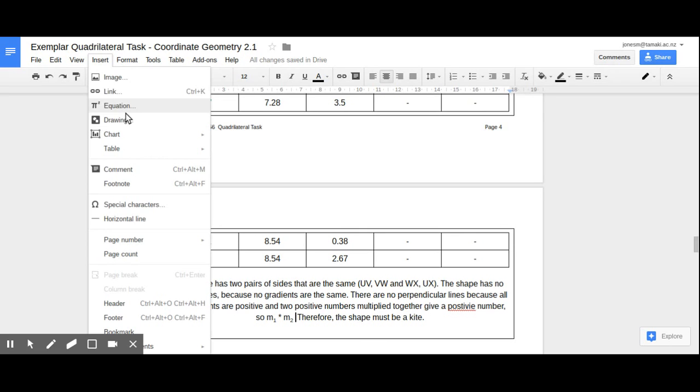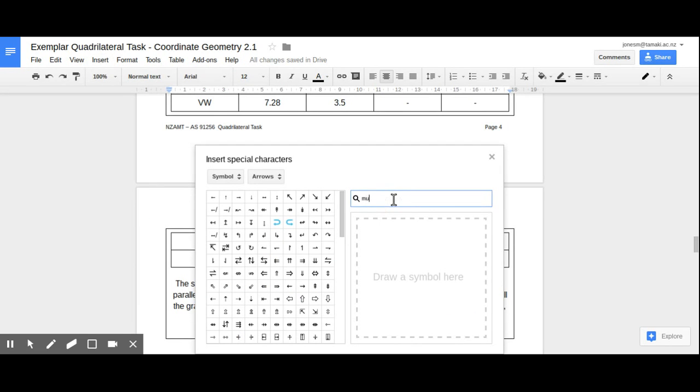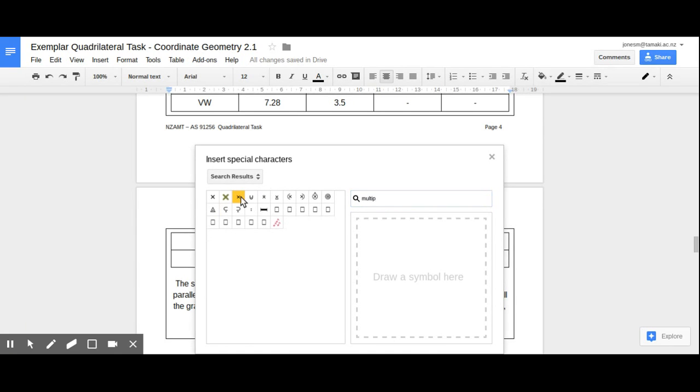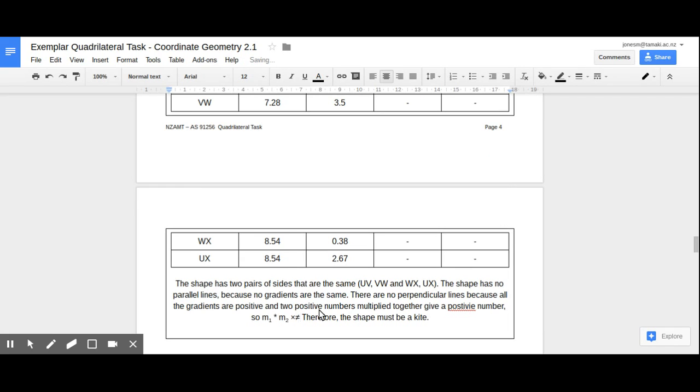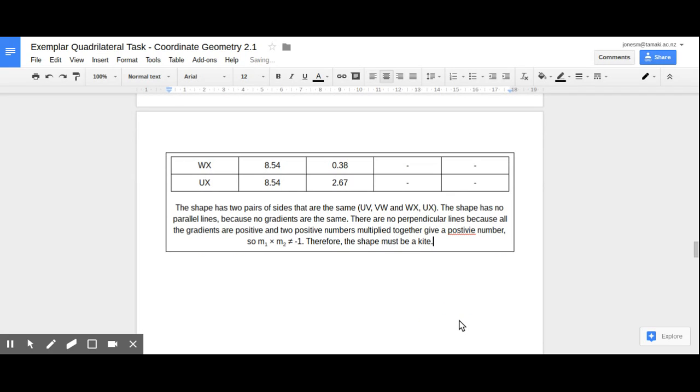I'm just going to be a bit flashy and put some characters in. The first one I'm going to put in is multiply. The second one I'm going to put in is not equal. Cool. Alright, so this shows relational thinking.